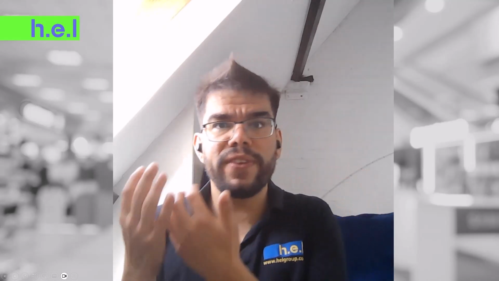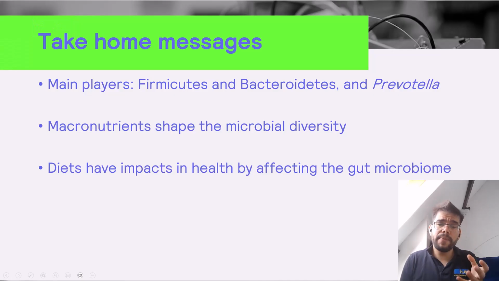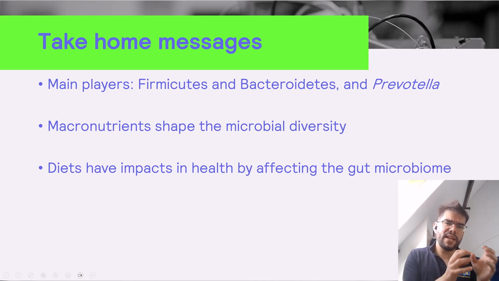So we can see how different macronutrients and how different diets can modulate and shape the microbial community inhabiting our bodies. But my take-home messages from this video are, first of all, remember that the main players in the gut microbiome at a phylum level tend to be firmicutes and bacteroidetes, and at a genus level, Prevotella seems to be also a very important microorganism.